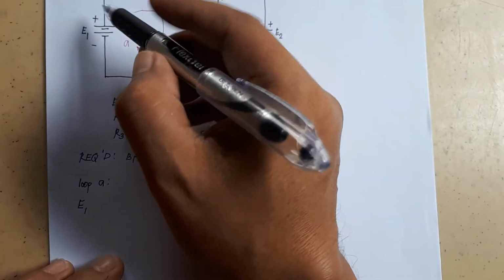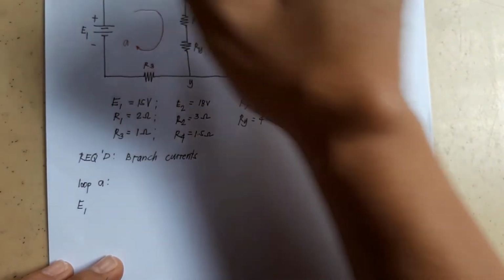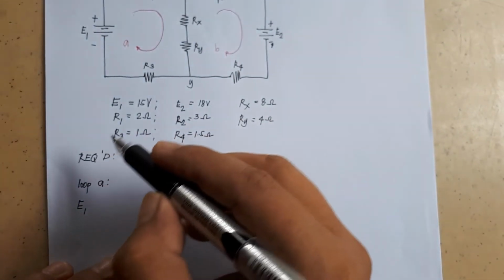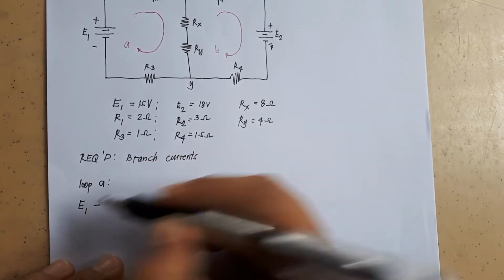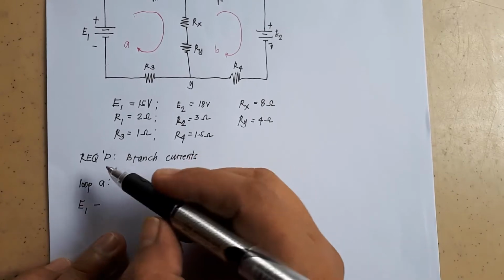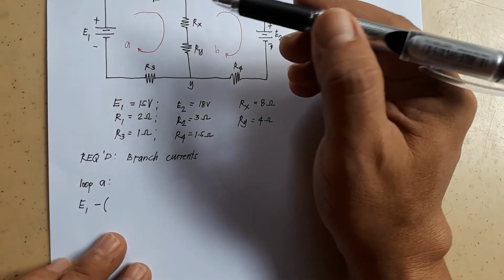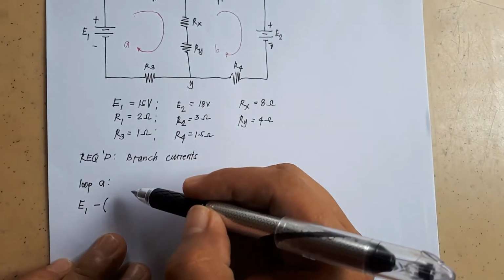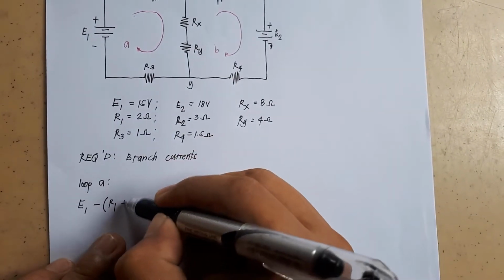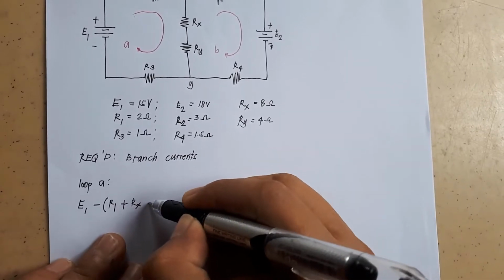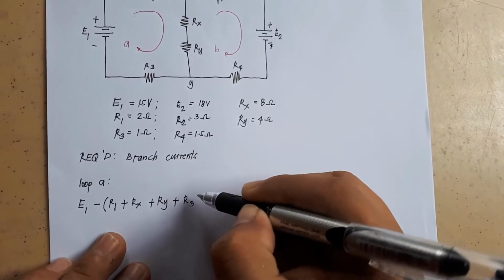So for E1, we designate the sign as positive, since the looping is like that. That's E1. After that, applying Maxwell's method, all we have to do is to consider a negative sign and identify all the resistances or the elements covered by loop A. What are they? We have R1, Rx, Ry, and then R3.